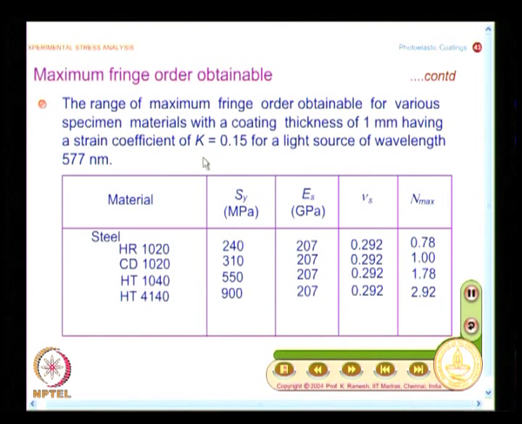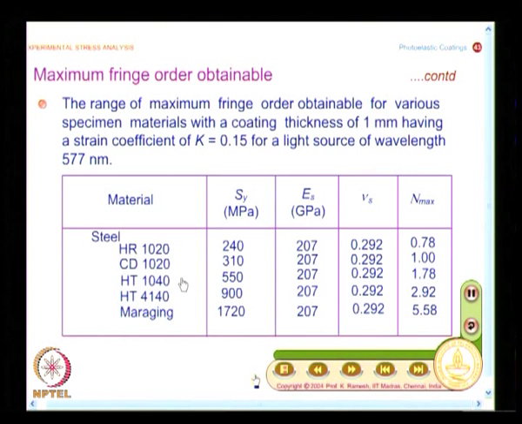We have taken a coating material of k equal to 0.15, a coating thickness of 1 millimeter, and a light source of wavelength 577 nanometers, essentially white light. We had also looked at the color code where we saw repetition occurs at 577 nanometers. You have a tint of passage, and twice this value you have another tint of passage.